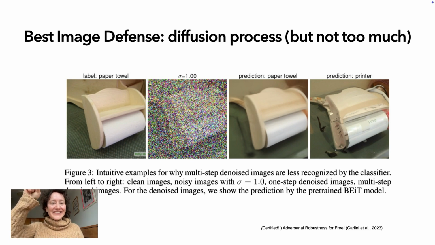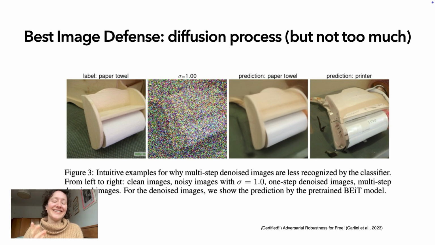So you can see here on the left is the original one. The one next to it is the adversarial noise. The one next to that is the one-shot, so just running diffusion once. The one next to it is the multi-step diffusion process. And in that one, we can see the diffusion process is like, oh, I don't know what this is. I'll make it into a printer. I know what a printer is. I'm going to turn it into a printer.